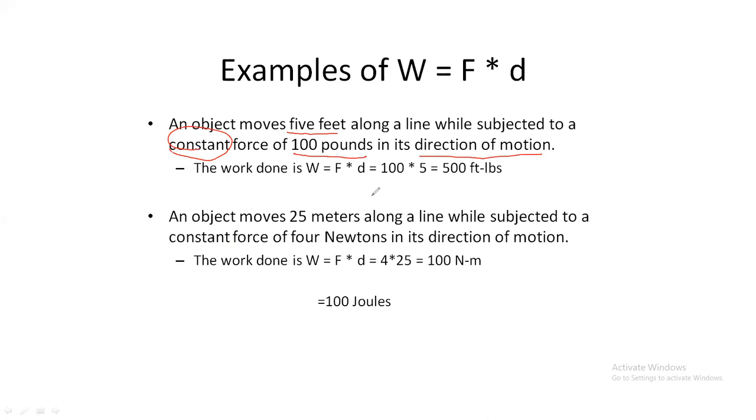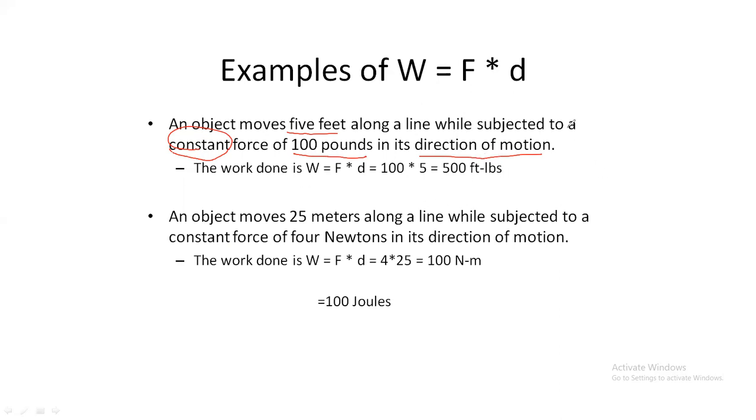Based on the definition of work, force times displacement, you have 100 pounds times 5 feet. So the work applied by this 100-pound force is 500 foot-pounds, not per foot, but foot-pound force.